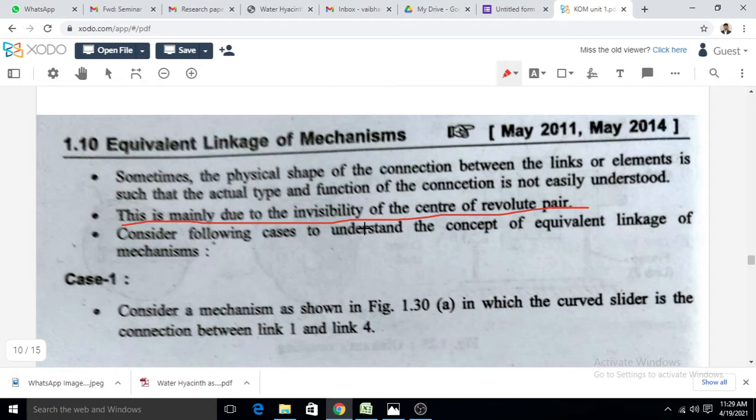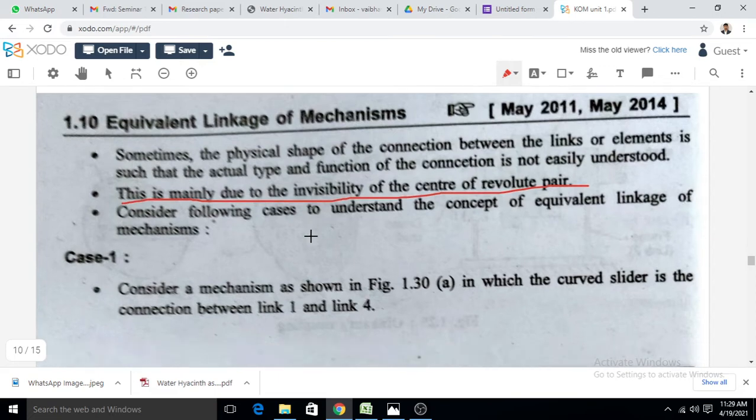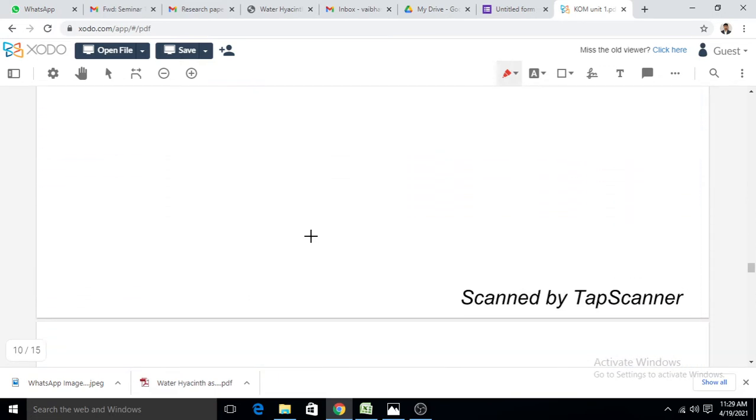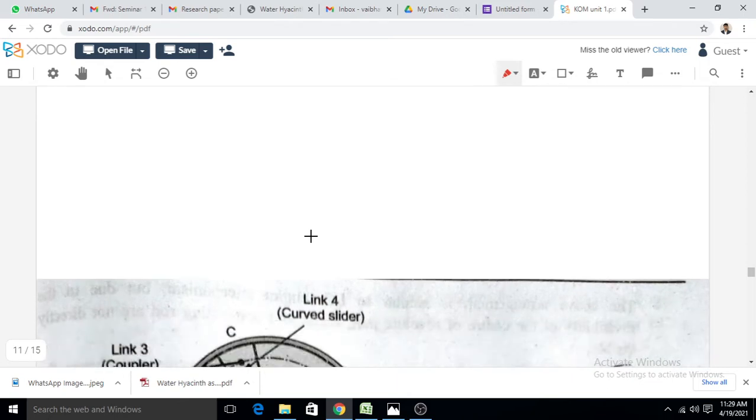In a complex mechanism we cannot find where the center of this revolute pair is, and due to this problem we cannot identify the simplest mechanism in the complex mechanism. There are some different cases in a mechanism, so we can understand how a complex mechanism is converted into a simple mechanism.